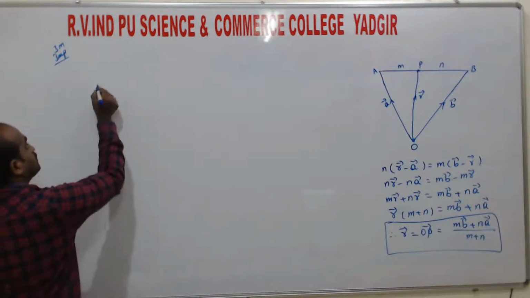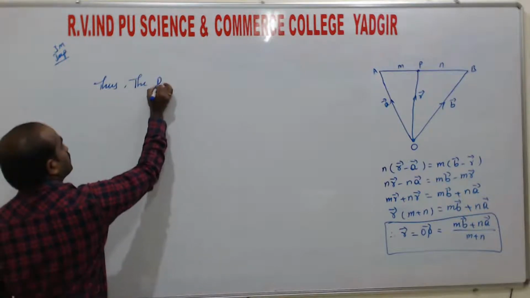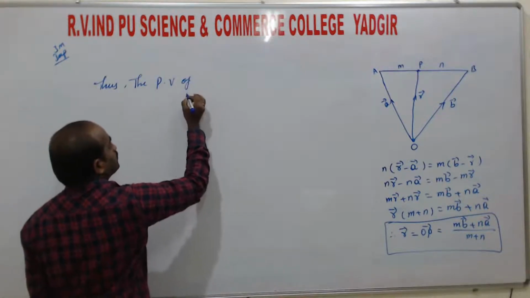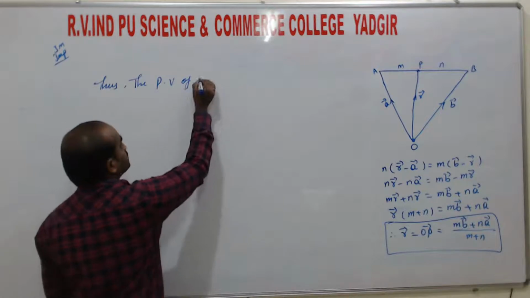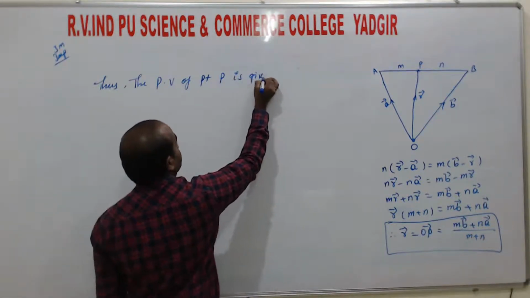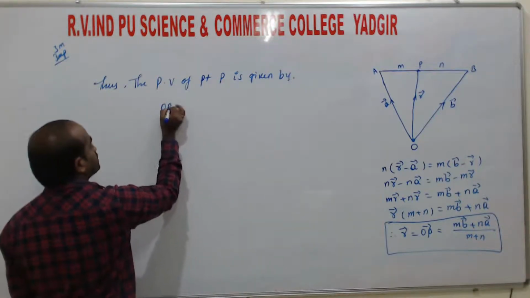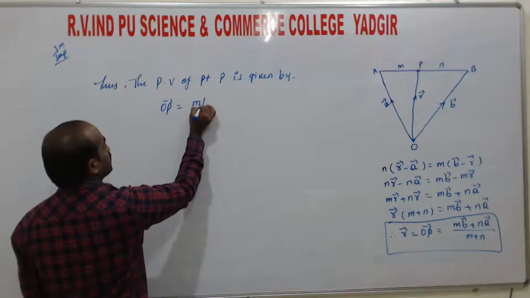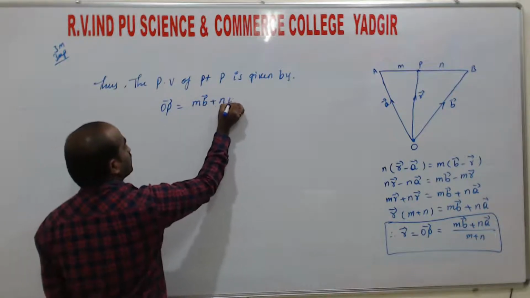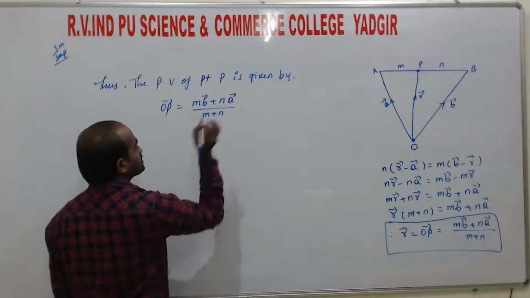Thus, the position vector of point P is given by OP vector is equal to MB vector plus NA vector divided by M plus N.